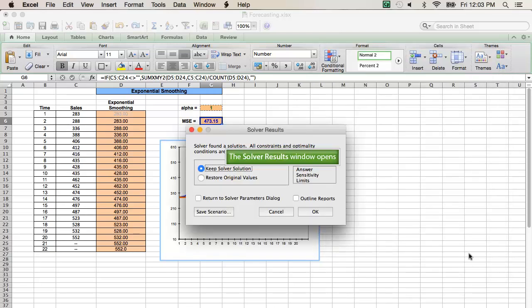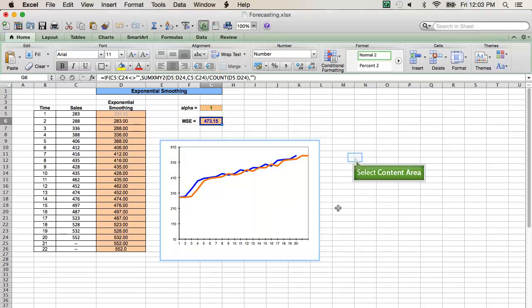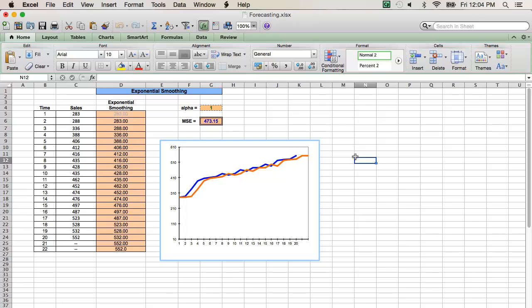Clicking Solve. Now we can see that in order to optimize this exponential smoothing model, we need to take our smoothing constant alpha all the way up to 1.